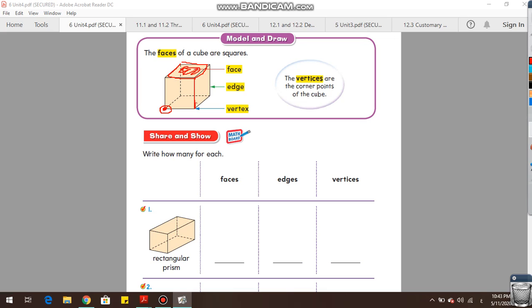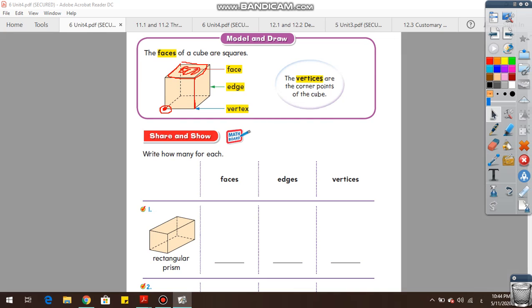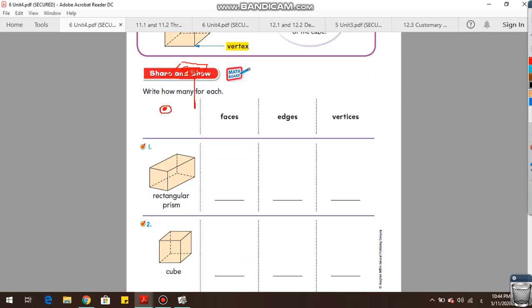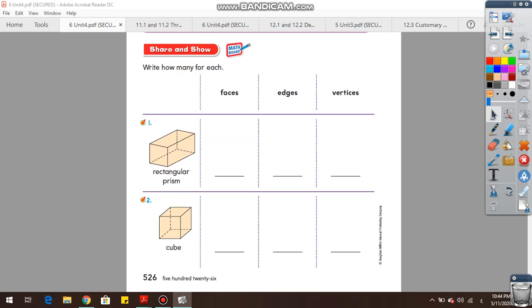If I have only one corner, it's called a vertex. If I have more than one corner, it's called vertices. And the faces of a cube are squares, as you can see. Look guys, I will tell you something. Cube and rectangular prism are best friends.